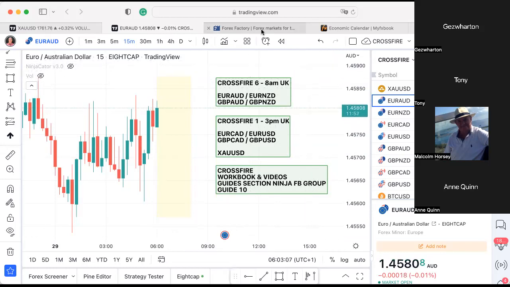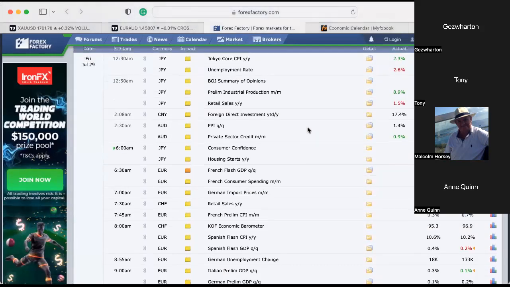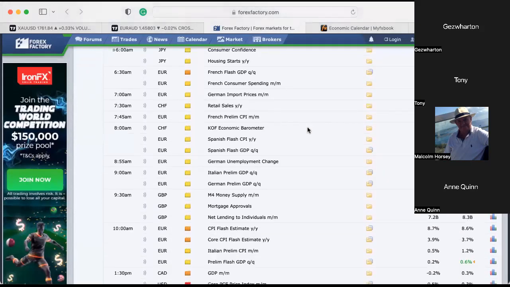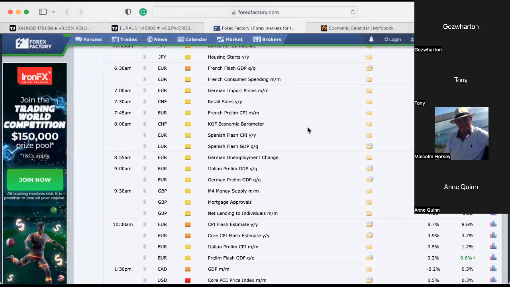The second thing I need to do is just check the news. Forex Factory, there's quite a bit of news today. It's almost all low-level stuff. There's a lot of European news earlier this morning, but these are individual countries.